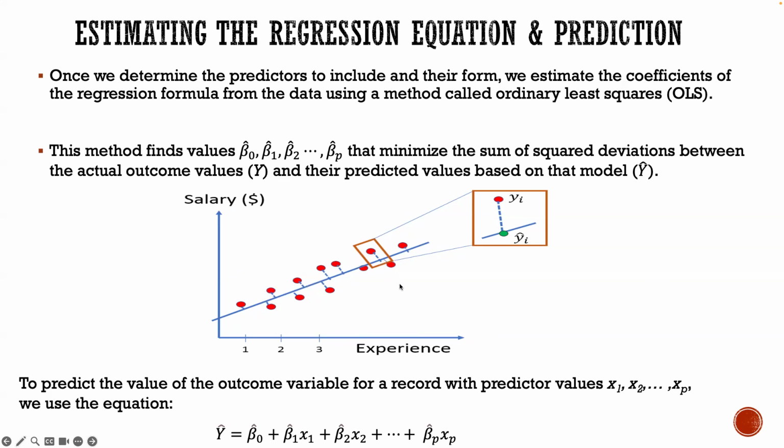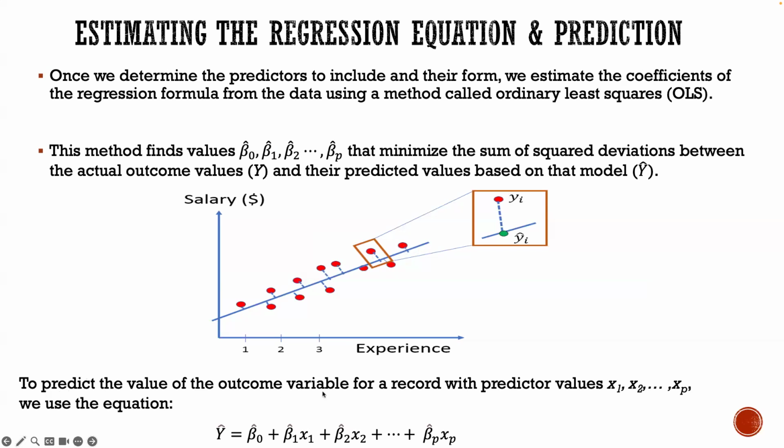So if there are several data points between experience and salary, the linear model is typically trying to create a straight line that passes through these data points and tries to minimize the distance between each of these data points and that line, right? So that's the goal of a linear regression: the sum of squared deviations. The deviation is the distance, and it looks at the sum of the squared deviations for all of these values from that line. Based on that, it predicts the different coefficients. Again, predicted values are given as the hats here.